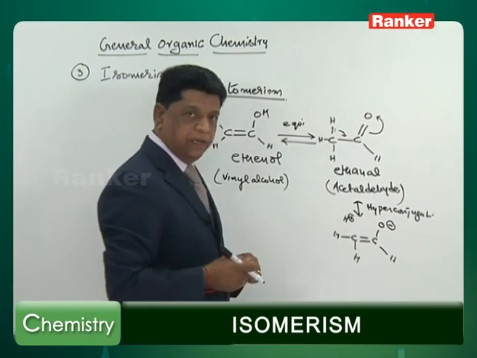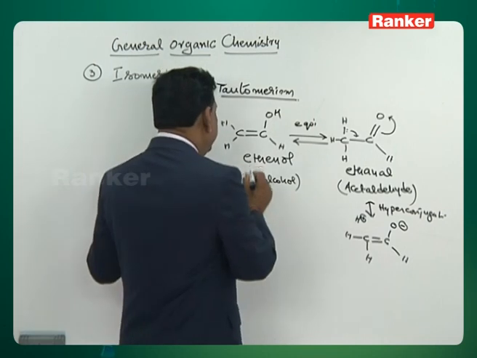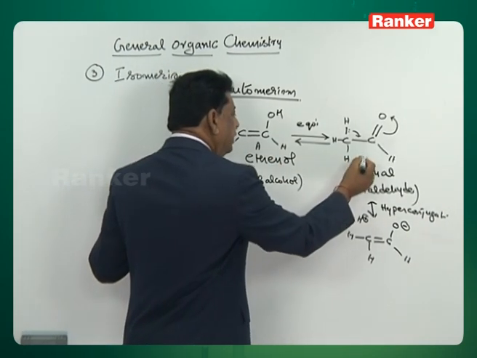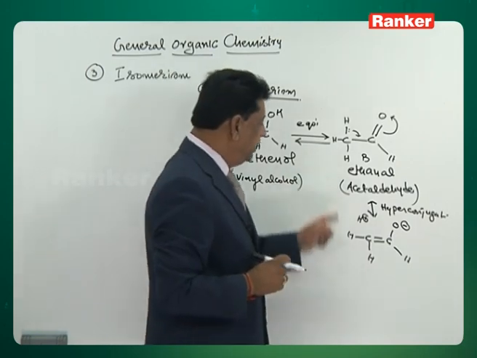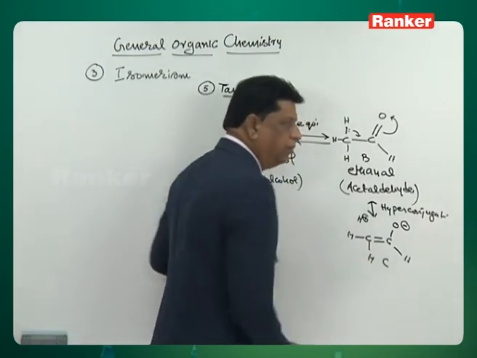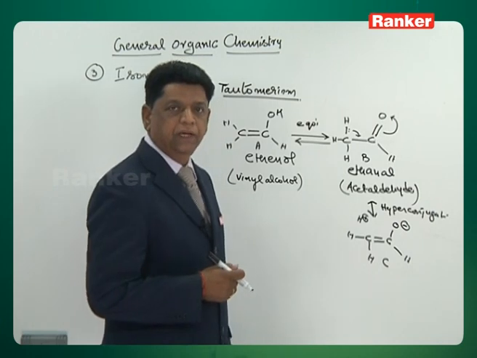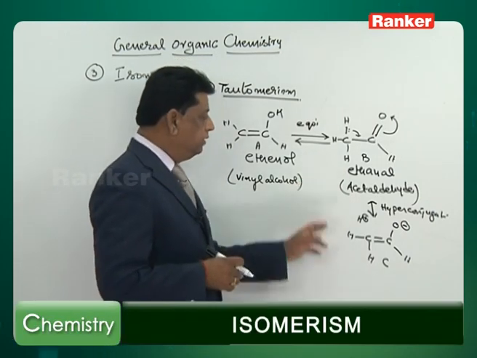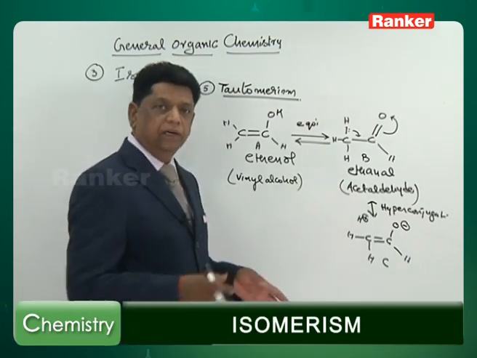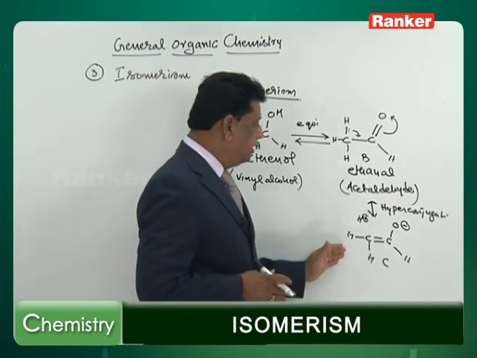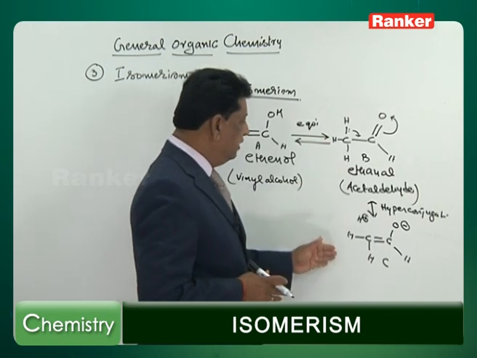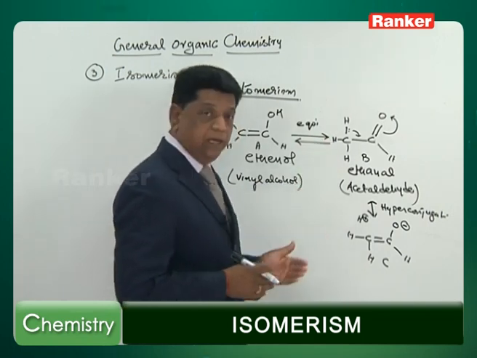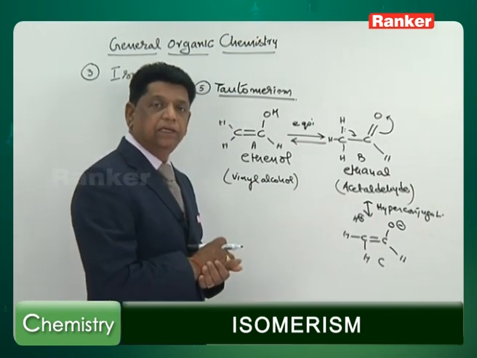In hyperconjugation, unlike A and compound B, which are two compounds in equilibrium, B and C are not two compounds, they are nothing but the same. In resonance, the structures are nothing but the same. They represent one compound with two different structures. Whenever one compound exists in more than one structure, it is called resonance.